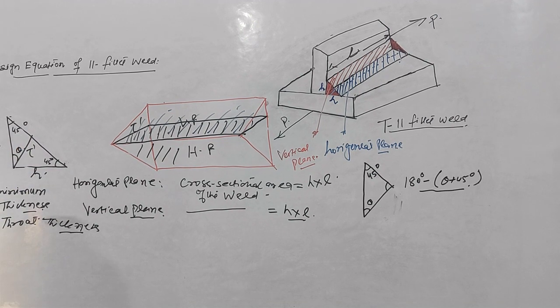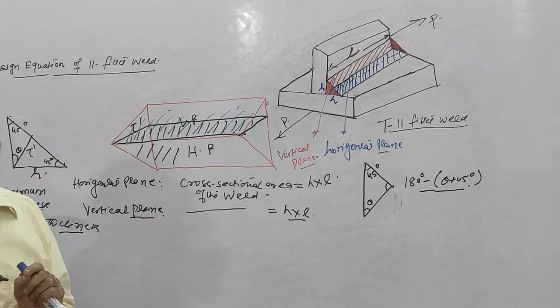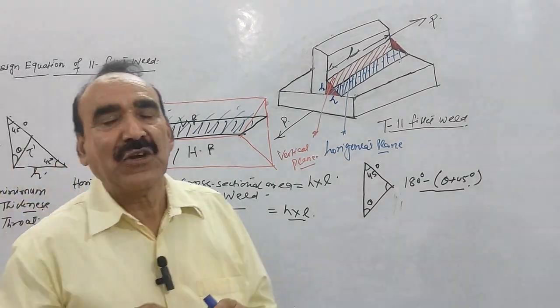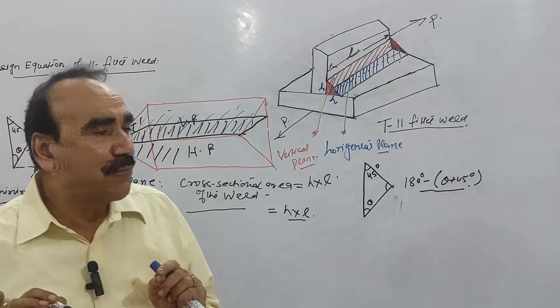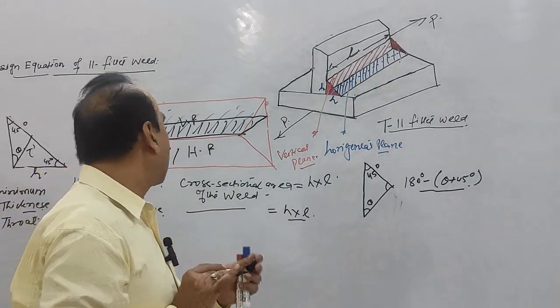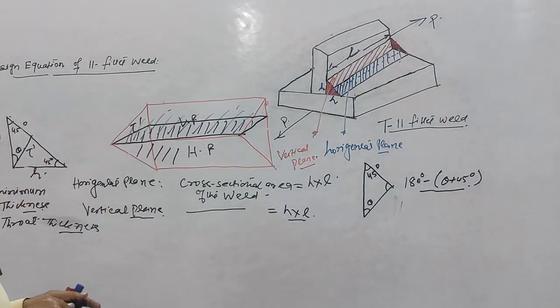Now, every plane will develop the shear stress, but we have to calculate the maximum shear stress. And for calculating the maximum shear stress, कहाँ पे होगा? Where the area is minimum. तो minimum cross sectional area हमें निकालना है.